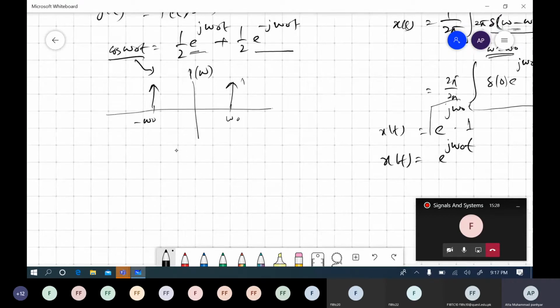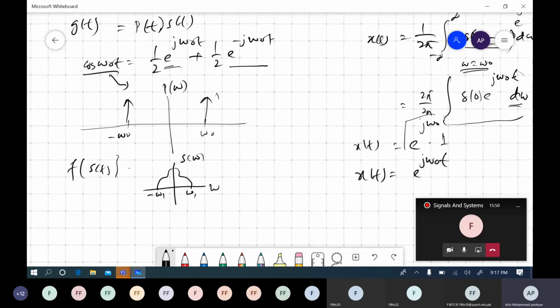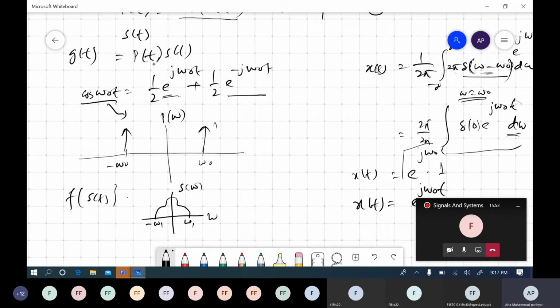And for example, we have the Fourier transform of s of t, that signal looks like this, from minus omega 1 to omega 1. This is the Fourier transform of the second signal, s of omega. Now what we are interested in is the product of these two signals in the time domain.